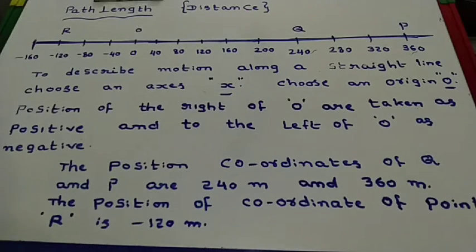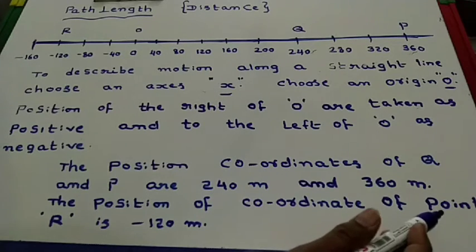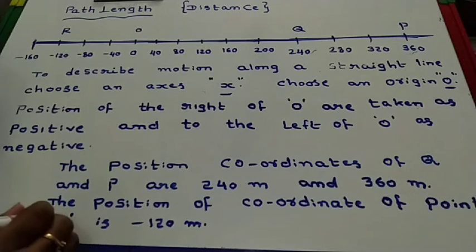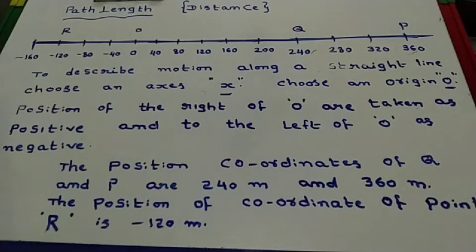Once again, the coordinate of point R is minus 120 meters.